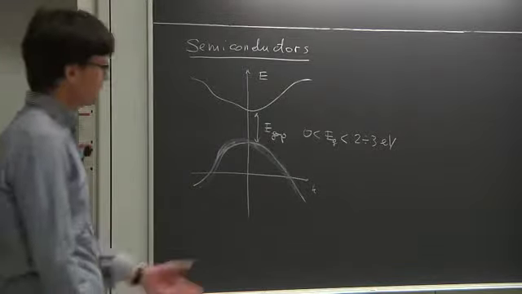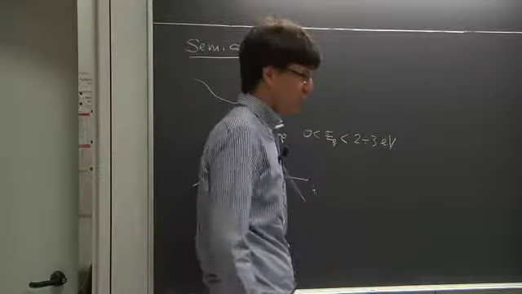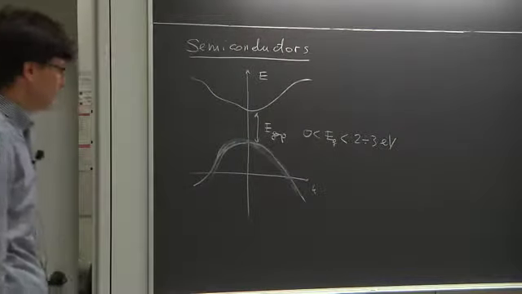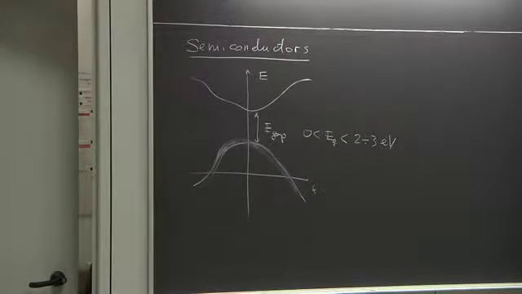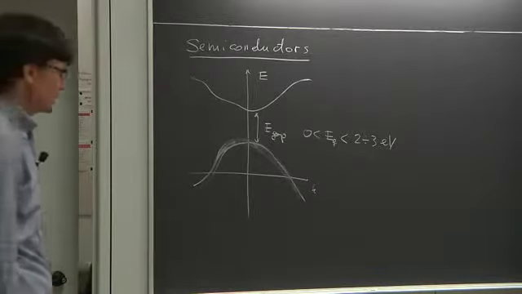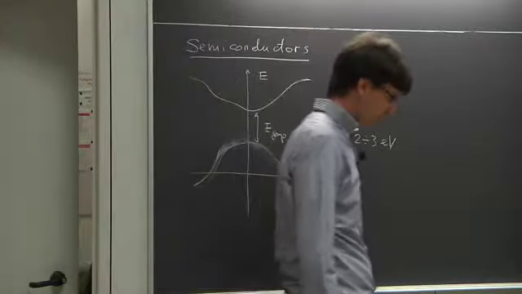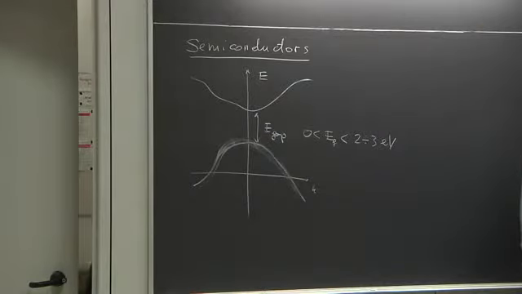Anyway, something of less than a few electron volts. So technically speaking, these are insulators, but the gap is small. And the fact that the gap is small has a number of consequences.